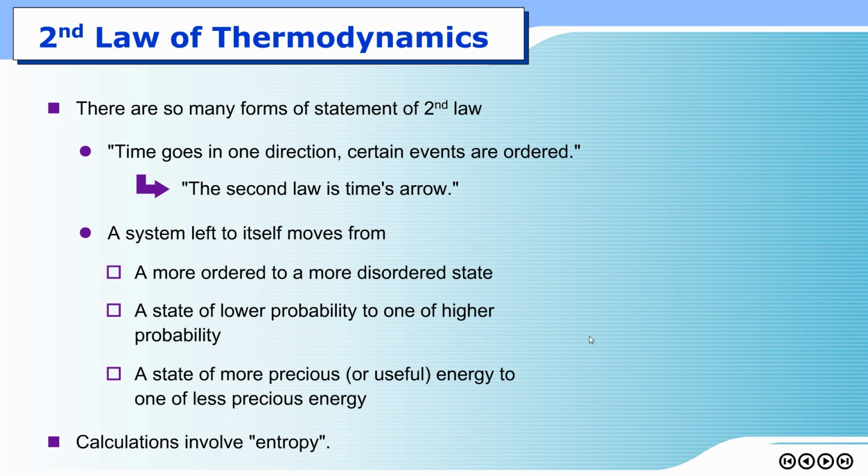But in the second law calculation, most of the time the calculation should involve a new parameter called entropy. Okay, we will discuss the definition of entropy in more detail in the next lecture. This lecture is just an introduction.